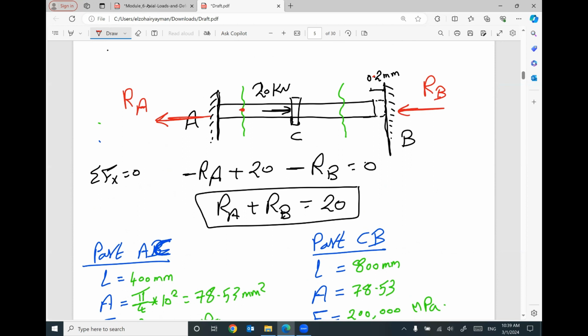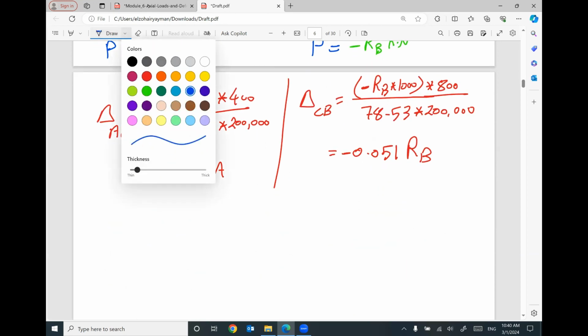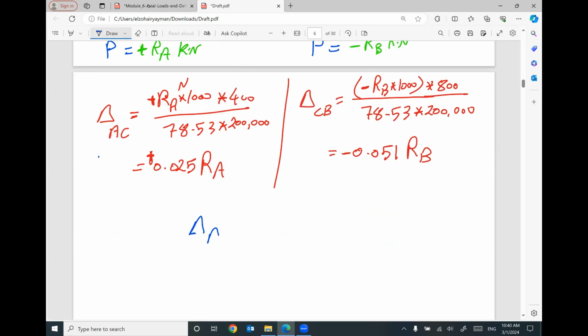Keep in your mind, any axial deformation in part AC plus any axial deformation in part CB will equal the only allowable gap, 0.2 millimeter. So delta in part AC plus delta in part CB will equal 0.2 millimeter.